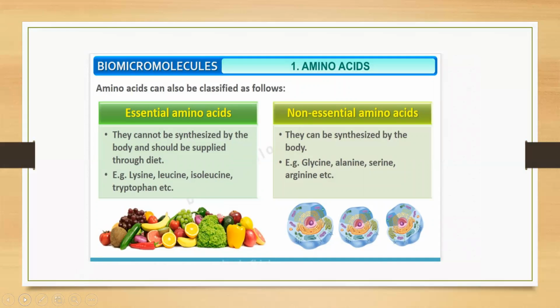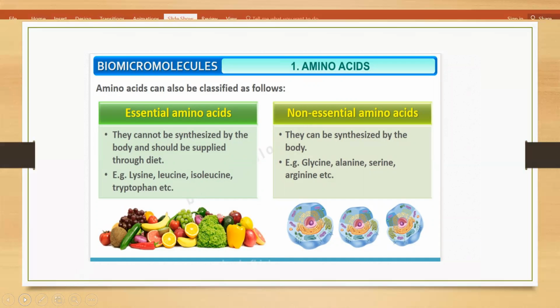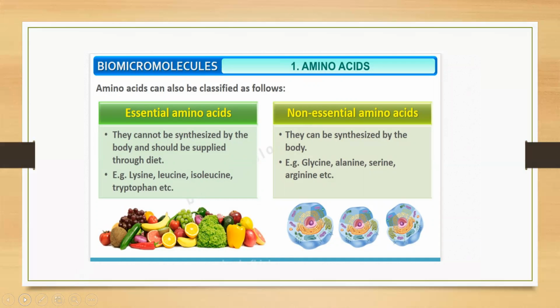Amino acids can also be classified as essential amino acids and non-essential amino acids. Essential amino acids are the amino acids that cannot be synthesized by the body and should be supplied through the diet.